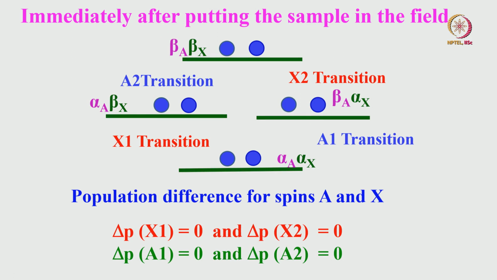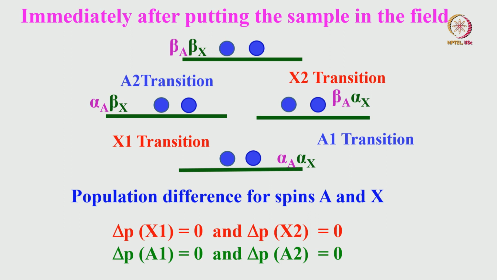In a weakly coupled two spin system, or even one that is not coupled, there are only four possible transitions, and for each spin, two of the transitions are equal. So I want to ensure that the transitions have identical intensities. That's why I have written this possible distribution immediately after putting the sample in the magnetic field. Immediately after putting, I am not even waiting for the T1 period. If I wait for the T1 period, there is a redistribution here.